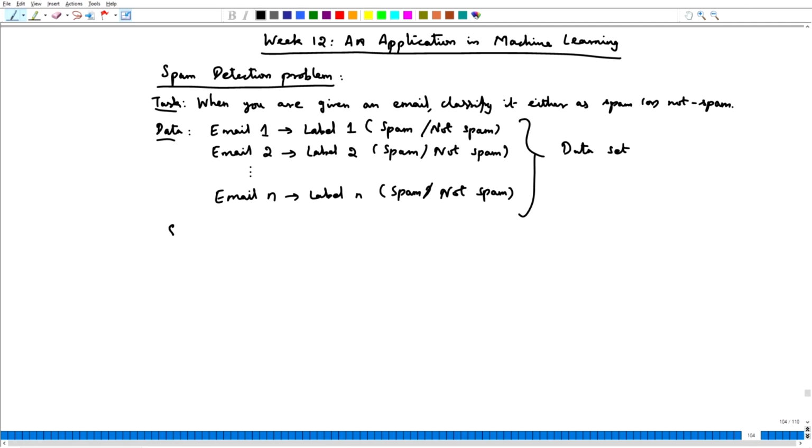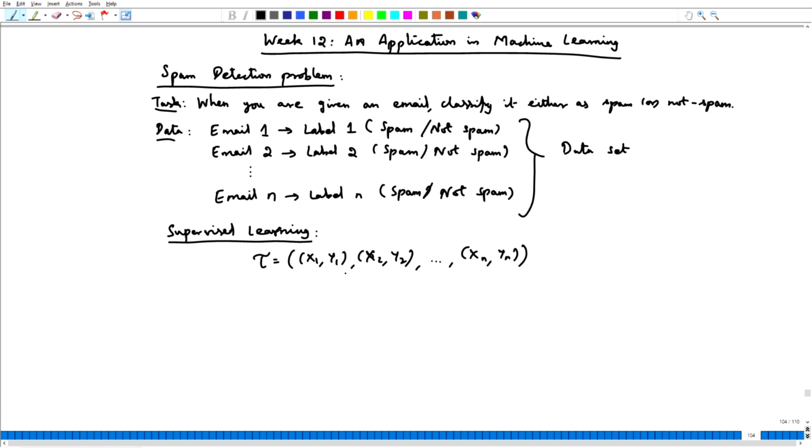In general, for any supervised learning problem, you will have a data set where you are given some labeled data. What are these data? X1, Y1 is like email 1 and label 1.